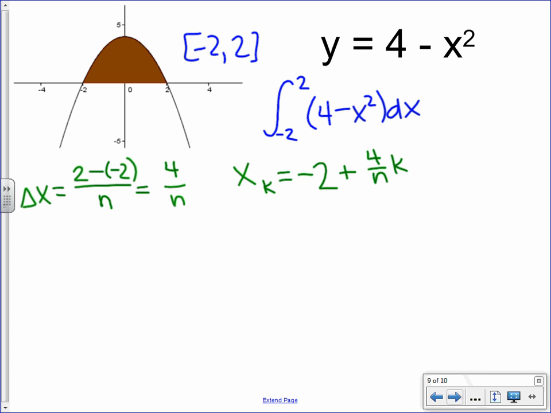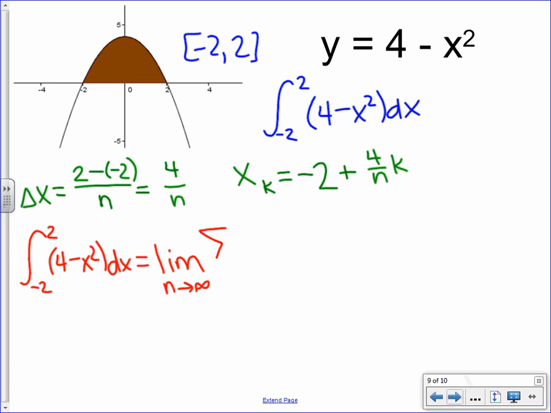Then the limit as n approaches infinity of the sum of f of x sub k, delta x. Those are our rectangles. Delta x is our width, f of x is our height.